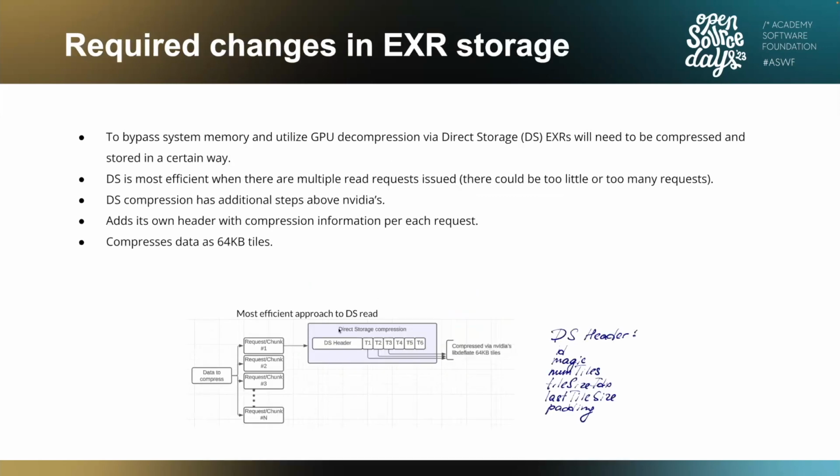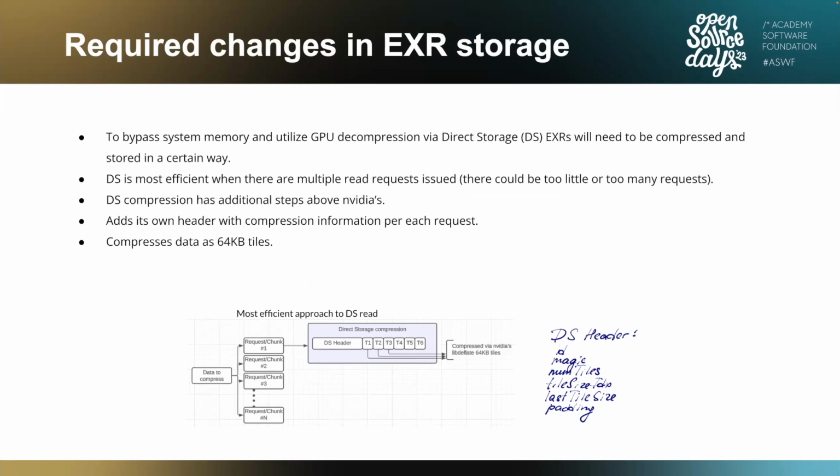Direct storage itself is not exactly straightforward. So the diagram that you see below, this is how our test EXR had to be stored. We had to break the EXR apart into chunks, or in fact, it can be tiles. But for this test, we used a solid EXR without tiles, but we broke it down into 256 chunks.